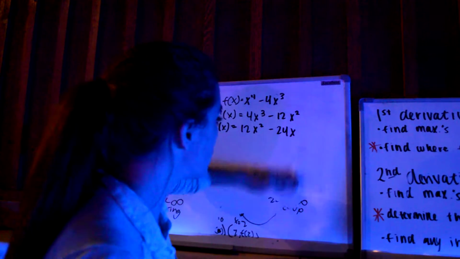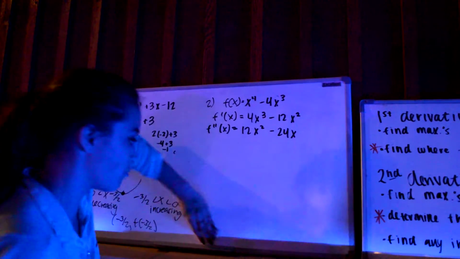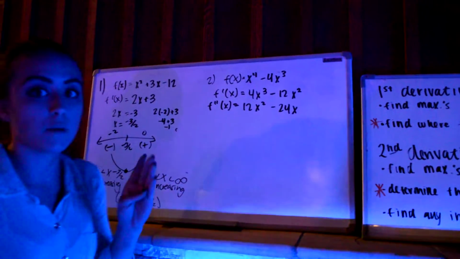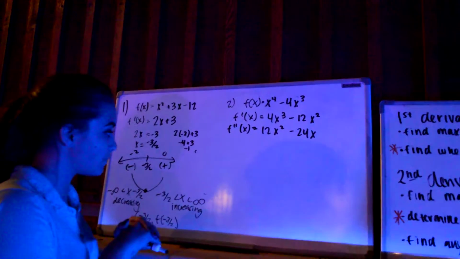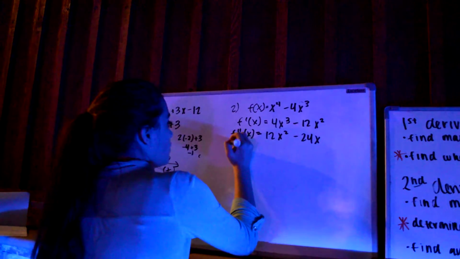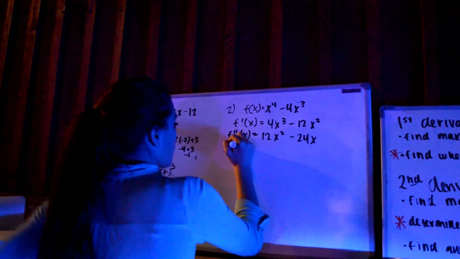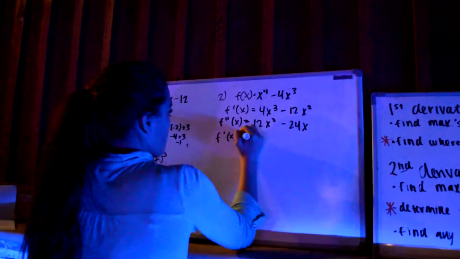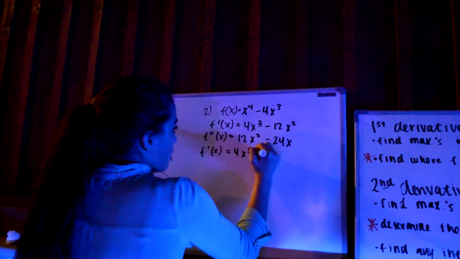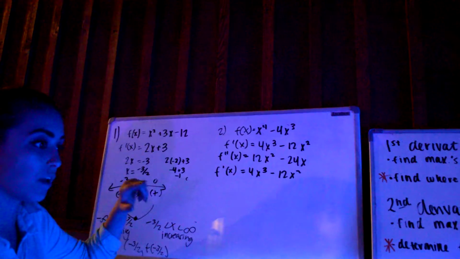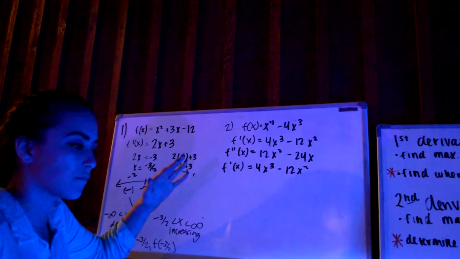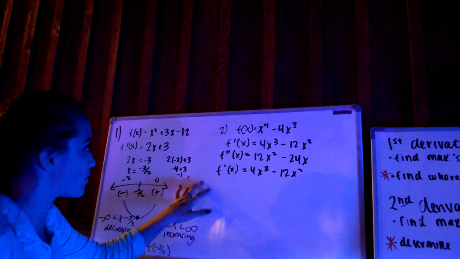Okay, so the first thing you do whenever you find your maximum and minimum is get your critical points. Because the critical points on the graph of f of x are always the maximums and minimums. On f of x, there's a max and min where the slope is 0.